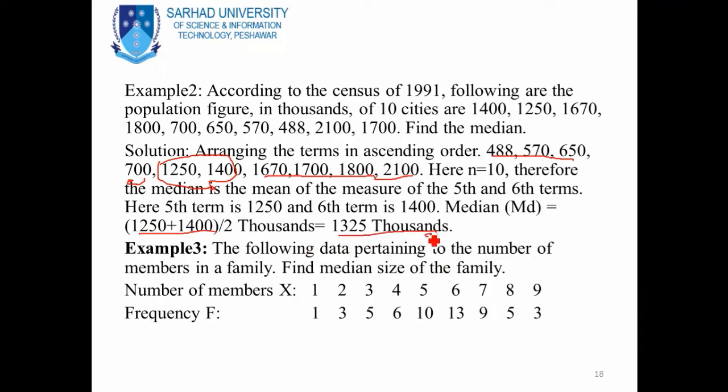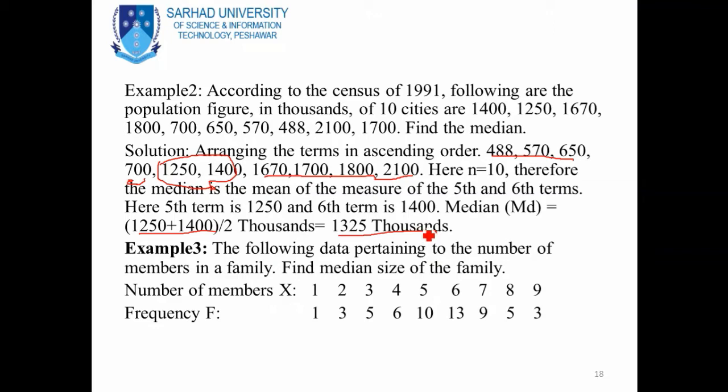Now, the median in grouped form. The following data pertains to the number of members of a family. To find the median size for this family, the number of members x is 1, 2, 3, 4, 5, 6, 7, 8, 9. Dear student, this data is actually called a frequency distribution, and we can construct grouped data for this example.